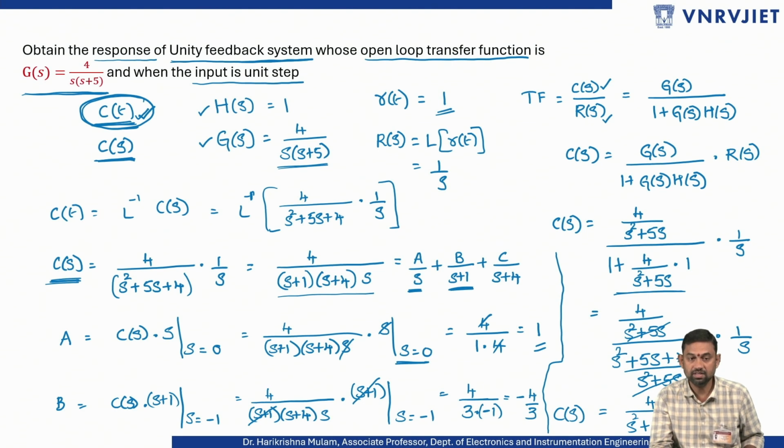Next, we need to find the value for C as well. In order to find C, you need to consider this (s plus 4) now. C is equal to C(s) into (s plus 4), and the root for s plus 4 is s equal to minus 4.